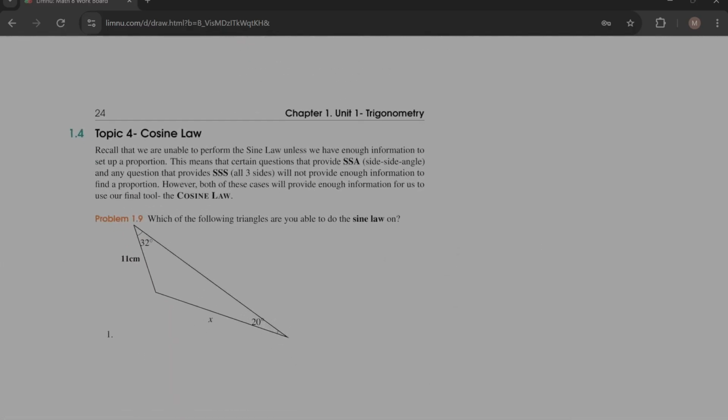Now, that's the first of our rules. The second rule comes from when you would like to do the sine law, but you just don't quite have the right information. So we said that we need a match of two pieces that go together, so an angle and its opposite side. So this one I can do sine law perfectly. Whoa, nice W. There's a new W. Okay, sine law works over here if I have that match.